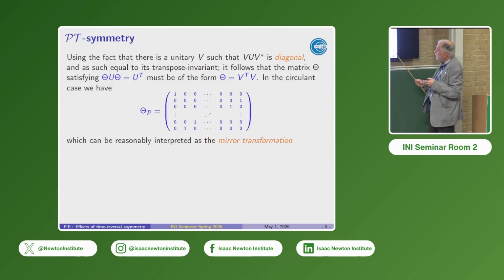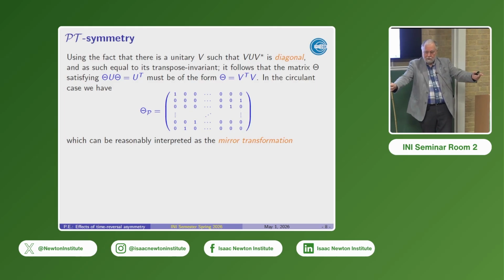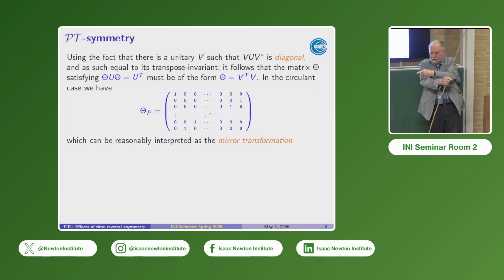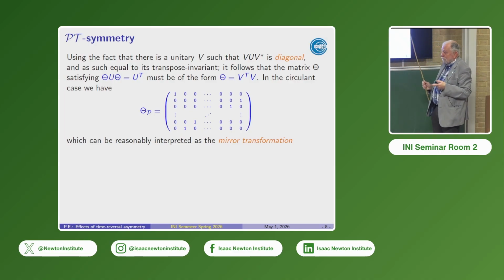And if you compute that, you will find this matrix here. If you look at that, one edge stays, and the others pairwise switch roles, which is a reasonable way of regarding it as a parity.